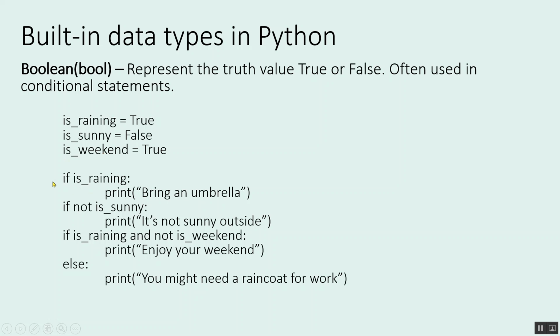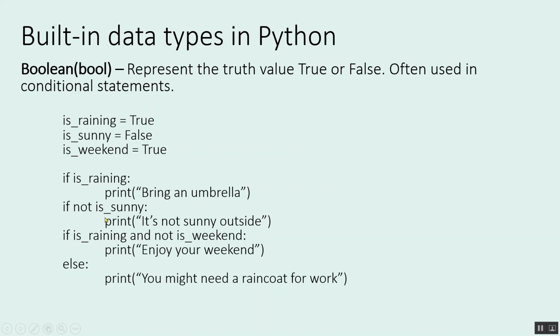Now, if it's raining, that means if it's raining and it's true, it would bring an umbrella. If not is sunny, actually not here is another keyword or reserved word that negates, or let's say flips, or gives us the opposite of the condition. So is sunny is actually false.